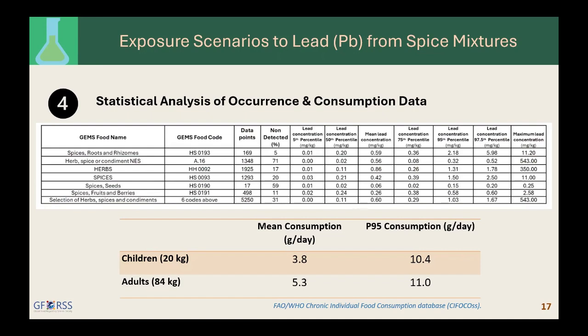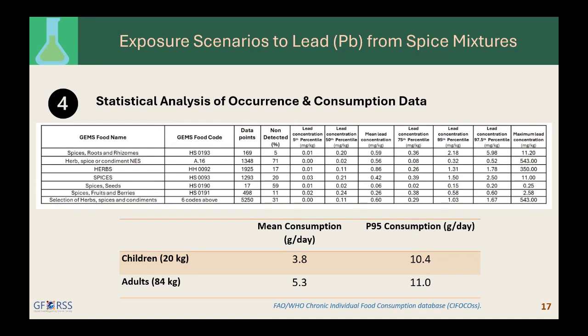Here I'm showing the mean consumption. They consider that children will be consuming 3.8 grams per day of spice mixture, and adults 5.3 grams per day. That's the normal group. The higher consumption trend is 10.4 grams per day for children and 11 grams of spice mixture per day for adults.